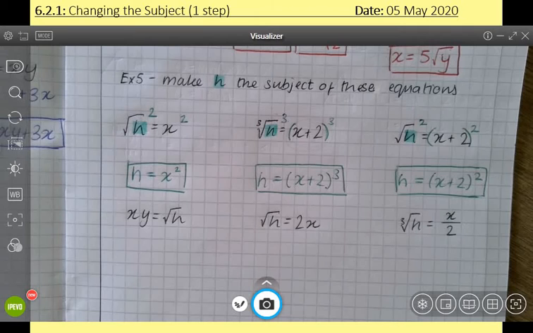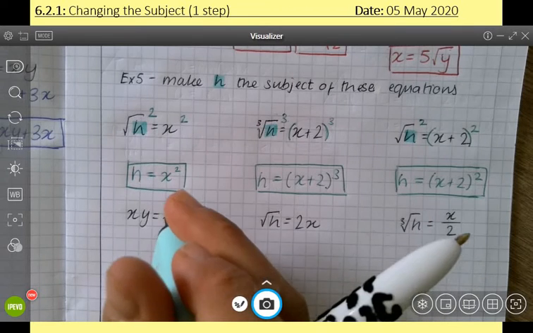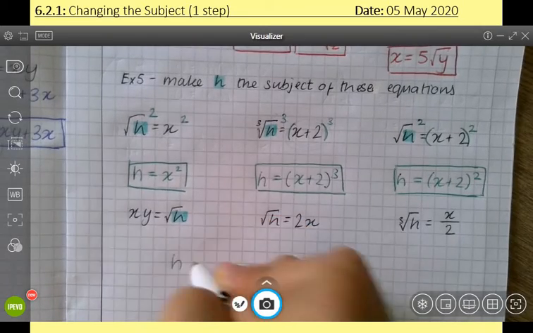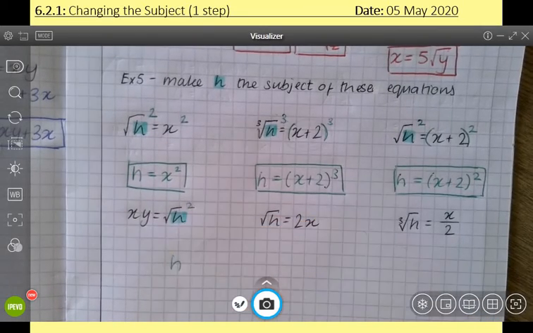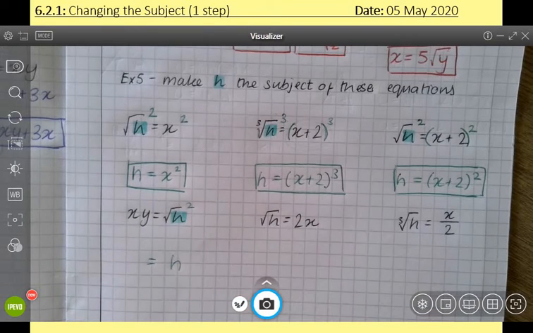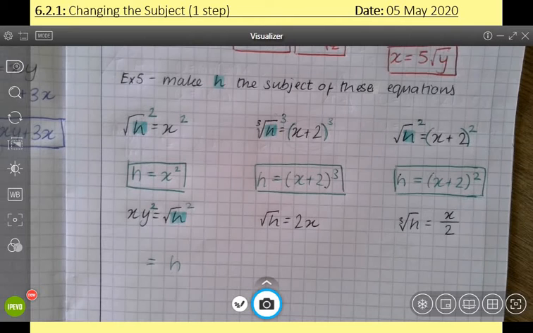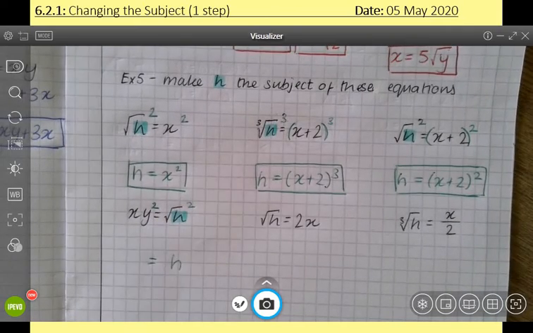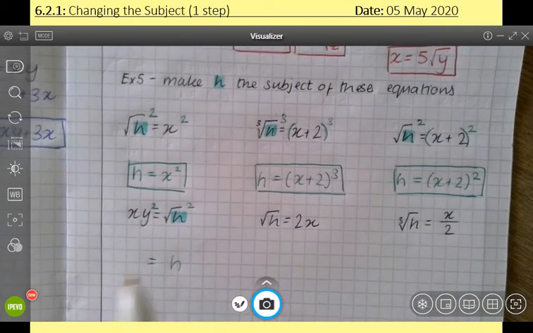In the next one, I want to make h the subject and h is inside a square root again. So to undo that, to get h by itself, I'm going to square that side, and I must square the other side. So this is another one where I have to be really careful. If I just put this here, then I'm only squaring the y. I need to do it to both the x and the y.